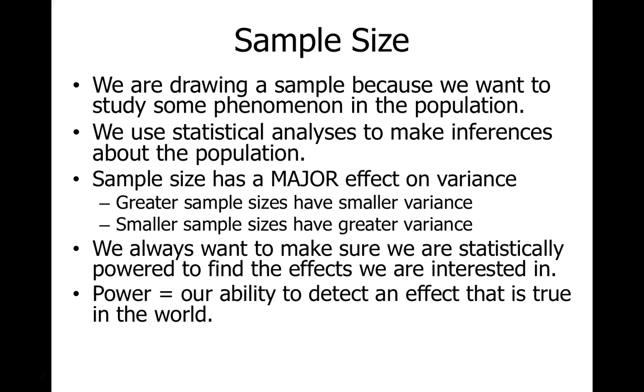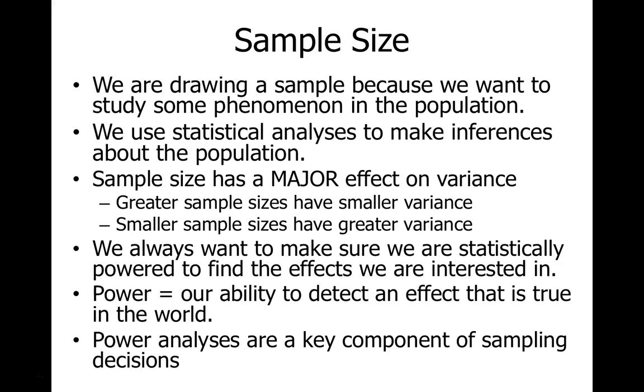And so if we don't have enough people, we may not have enough power to do this. On the other hand, if we have a ton of people, we may find a lot of effects and have a lot of power to detect effects that are actually very small. And so, again, we always have to think about the distinctions between statistical significance and actual practical, clinical, educational significance in the world.